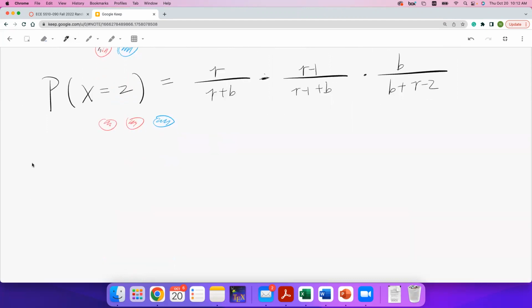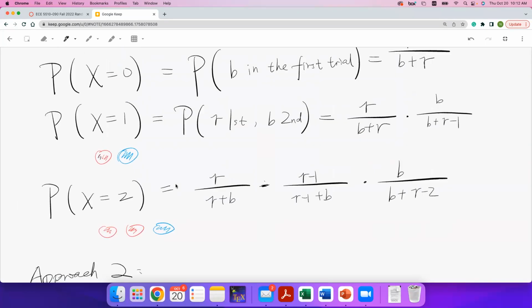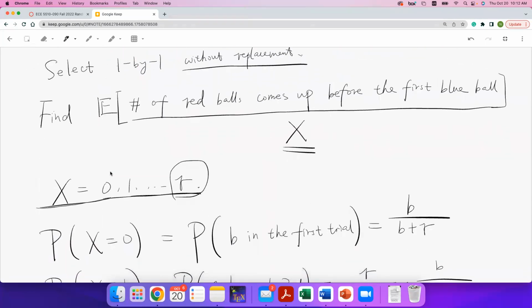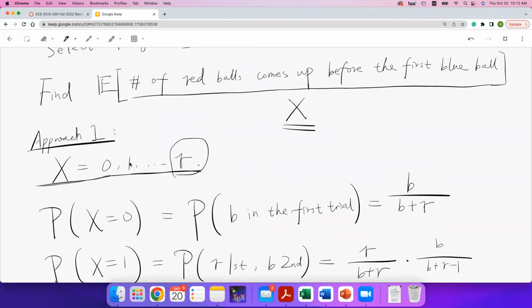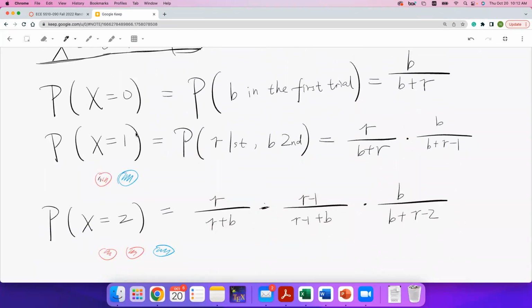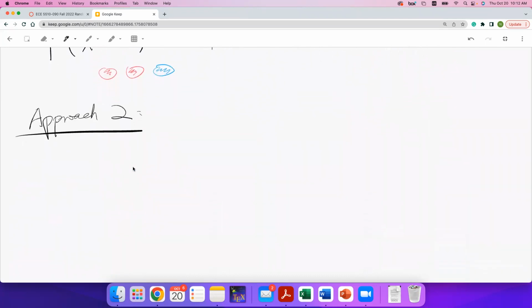And this one has another approach. Okay. So this is approach 1. Well, we work out the probability mass function and follow the definition to compute the expectation.